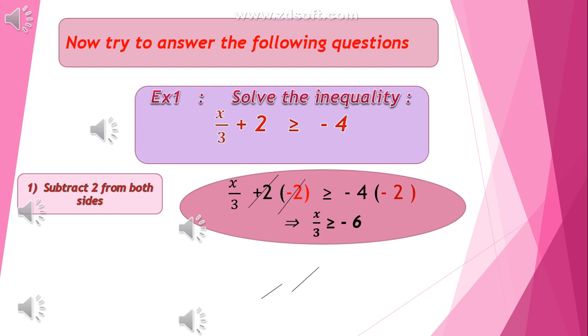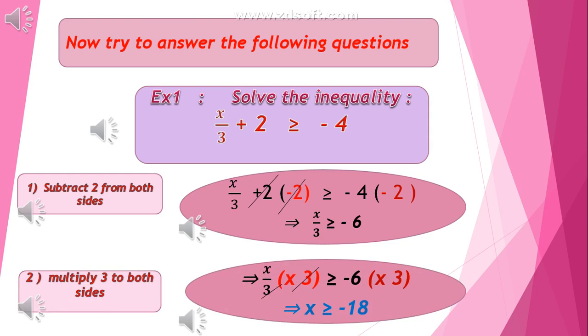Remove positive 2 with negative 2. Then x over 3 is more than or equal to negative 6. Second step, multiply 3 to both sides. Remove 3 with 3. Then x is more than or equal to negative 18.